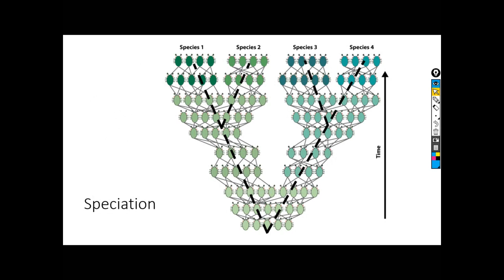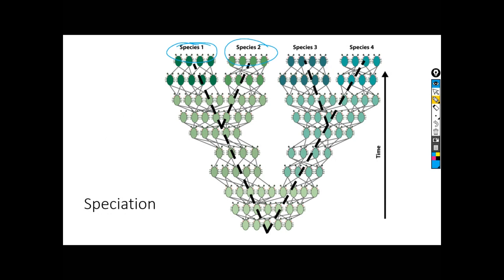Okay? So when we're thinking about species in general, really remember that all we're talking about is divergence. And so very generally, that's differentiation through time, right?